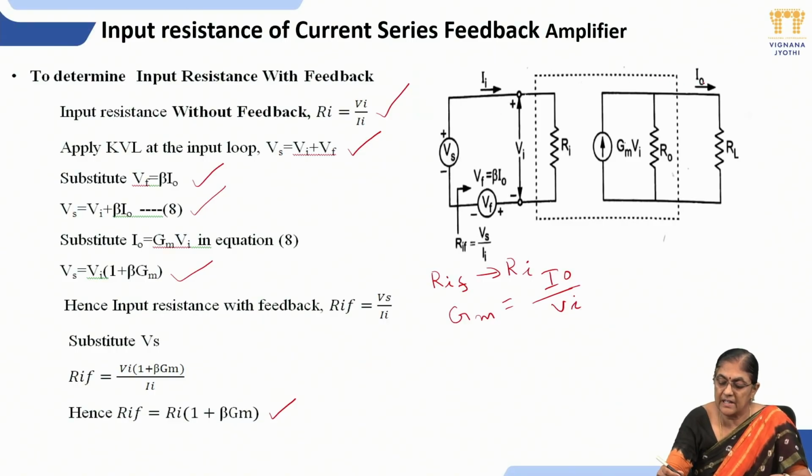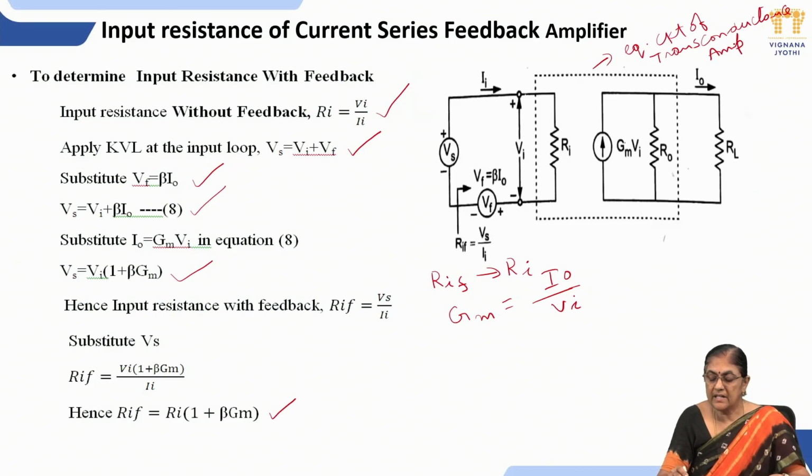So this is the equivalent circuit of transconductance amplifier. In the equivalent circuit of transconductance amplifier, input terminals can be represented with Ri and output terminals can be represented with a current source in parallel with R0.